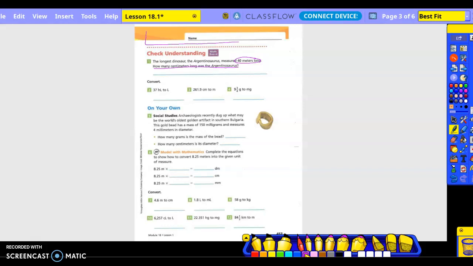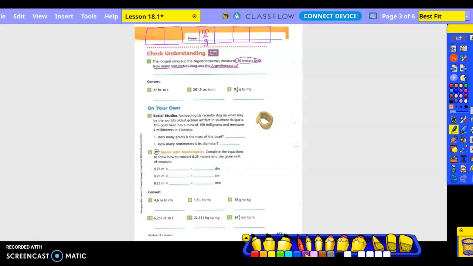So in my box, how many blanks do I need? How many sections do I need? How many did you have in your box, guys? 7, right? So in the middle, we have meters, liters, and grams.